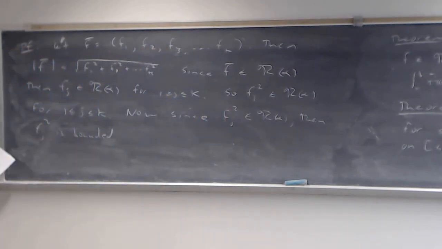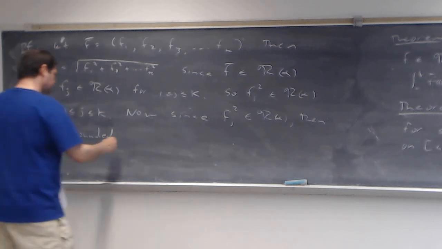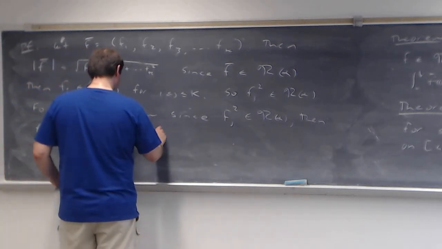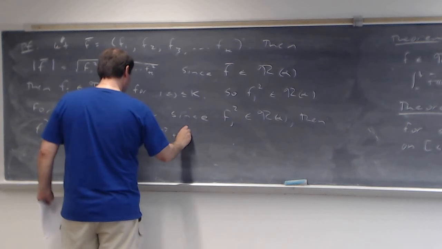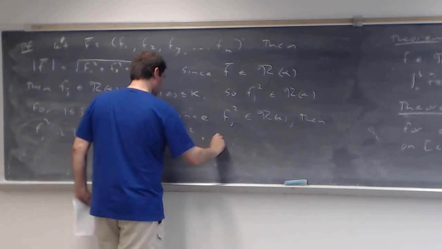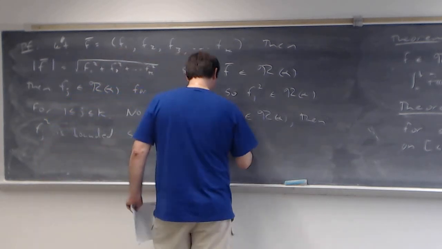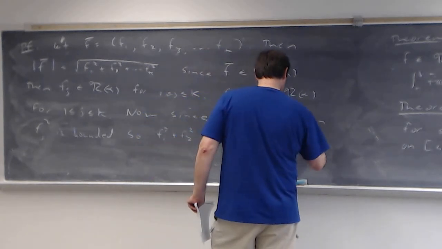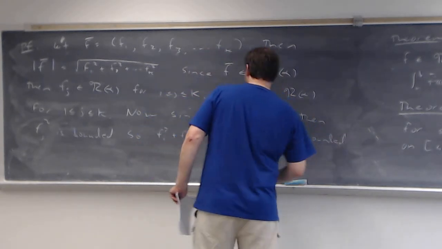Okay? It's true for that. The square is also bounded. So then this sum of f sub 1 squared plus f sub 2 squared plus f sub k squared is also bounded, say by m.